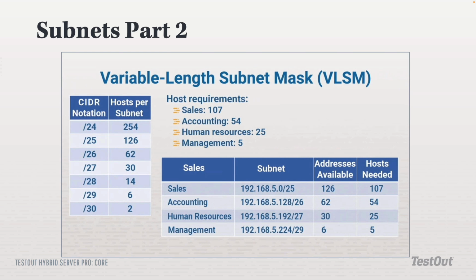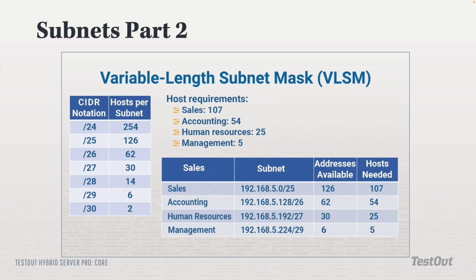Accounting needs 54. So in order to get an address space that has at least 54, we would go to 64, right? That is our next smallest. That is that next bit in. So the /26 network would be 64 minus the 2, one for our network, one for our broadcast. That'll give us 62 addresses. Does that meet our requirements?